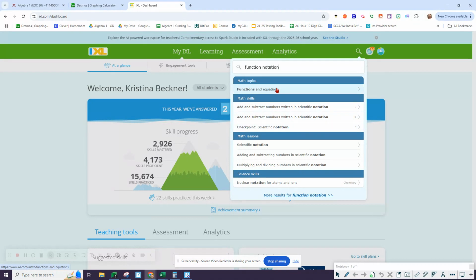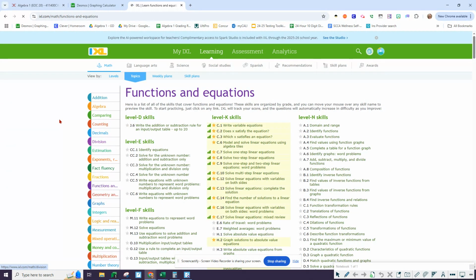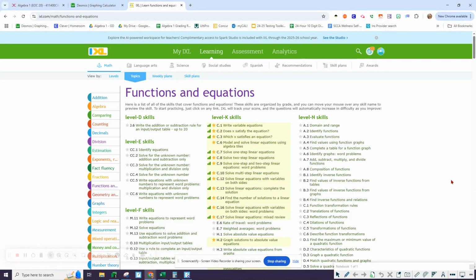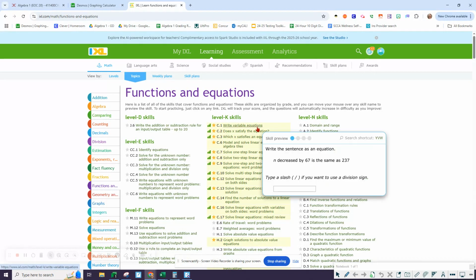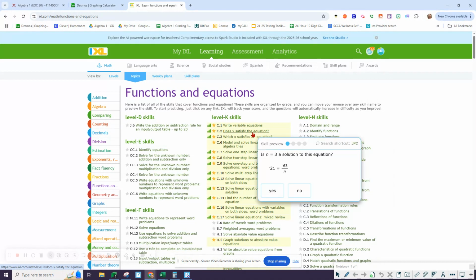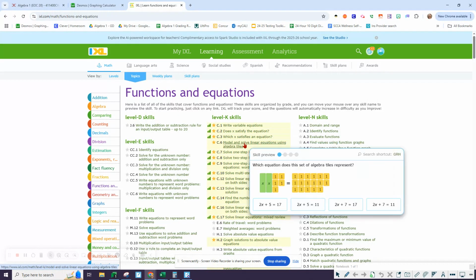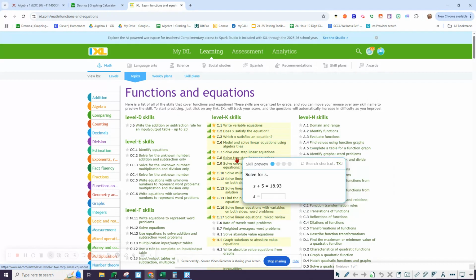Nope, that didn't work. Let's look at functions and equations then. Here are the highlighted ones that we have starred for you. Which x satisfies the equation, write variables. Let's see, that doesn't help. If you hover over that, it gives you some examples of what is in that skill, and that's not looking like what we want.